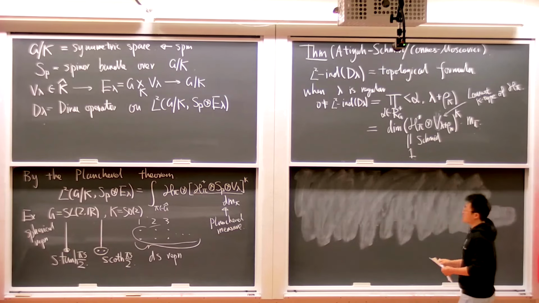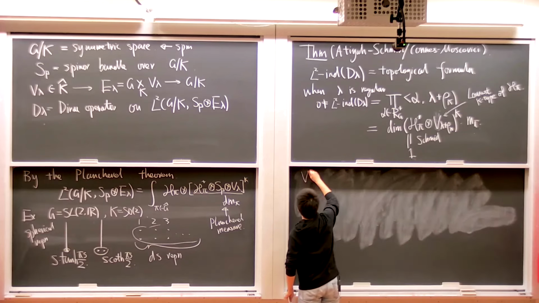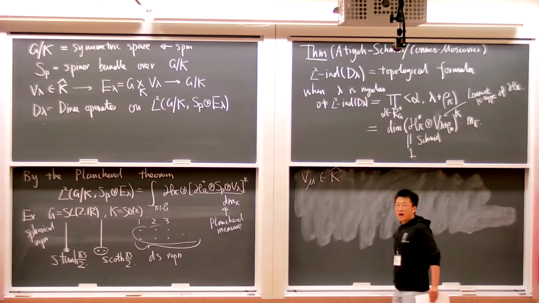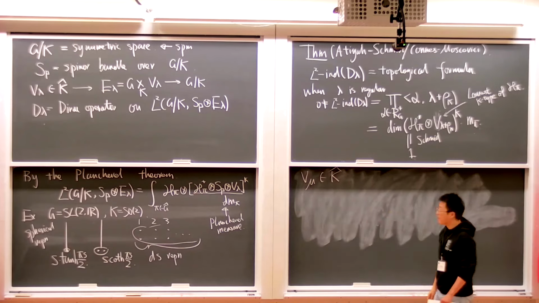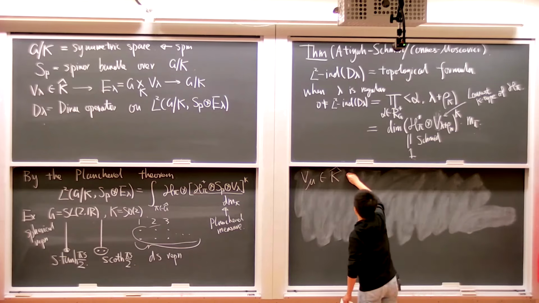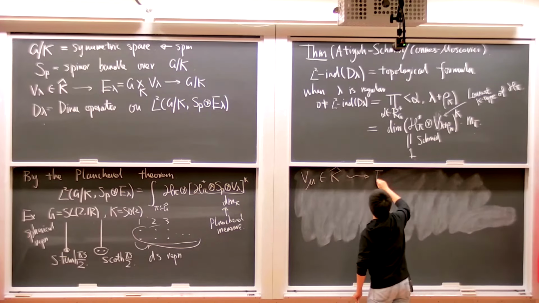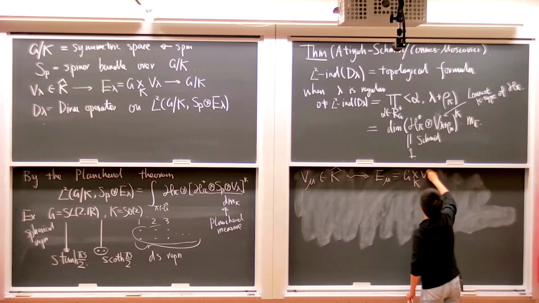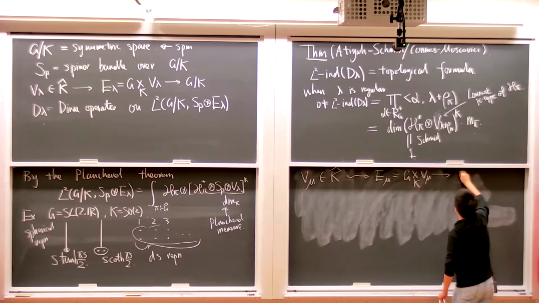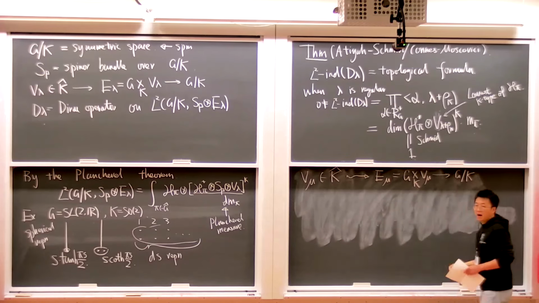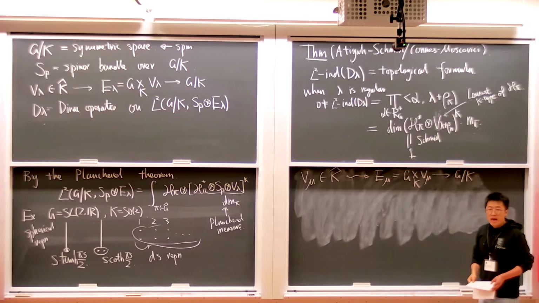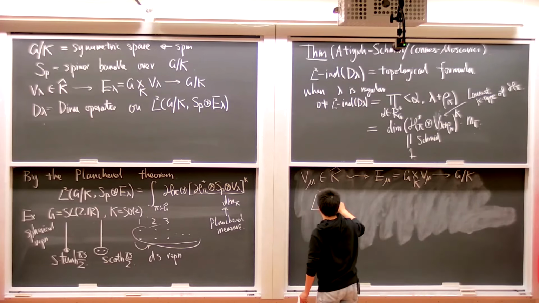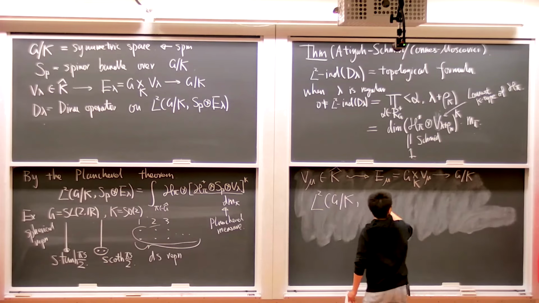Okay, I will start with V mu, a representation of this maximal compact subgroup K. As before, with this V mu, we can formulate a G-equivariant vector bundle E mu on the symmetric space G mod K. And the Hilbert space I'm going to consider is L2 of G mod K of E mu.